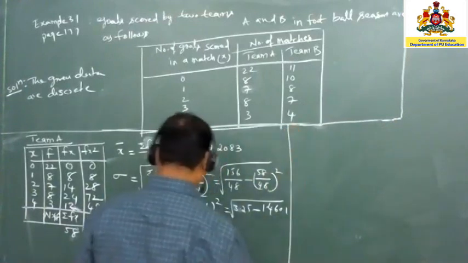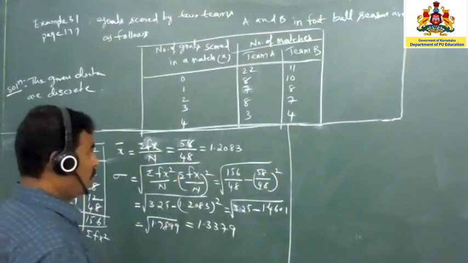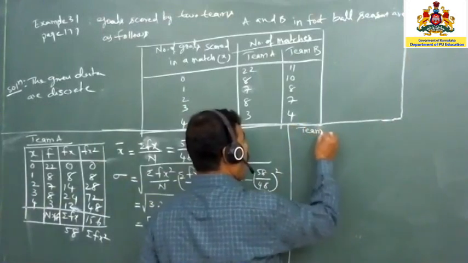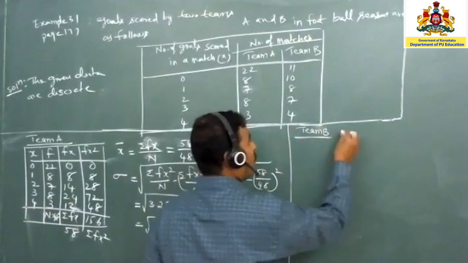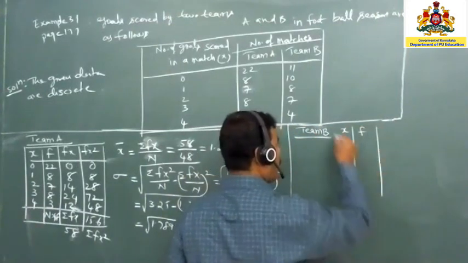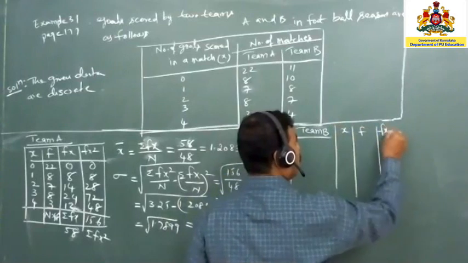Similarly for team B. The given values are x values, f values as the number of matches, and fx square.